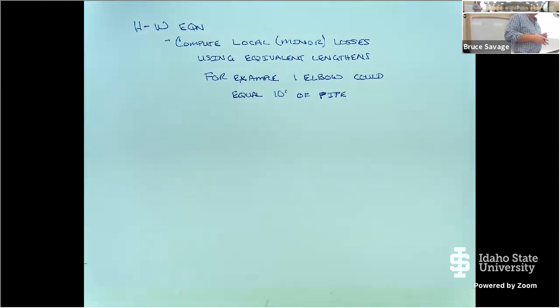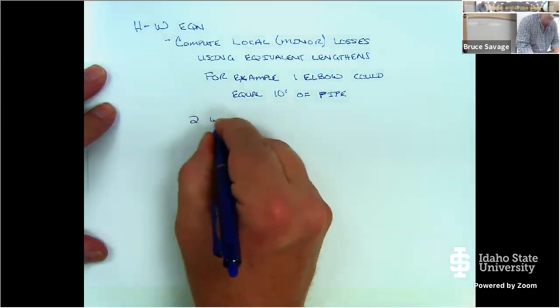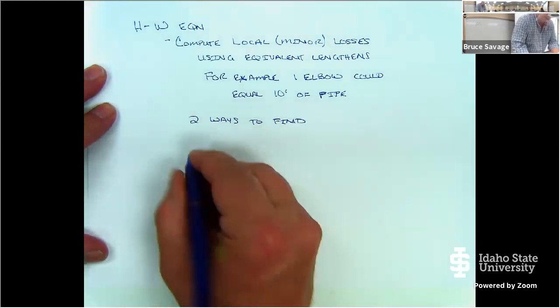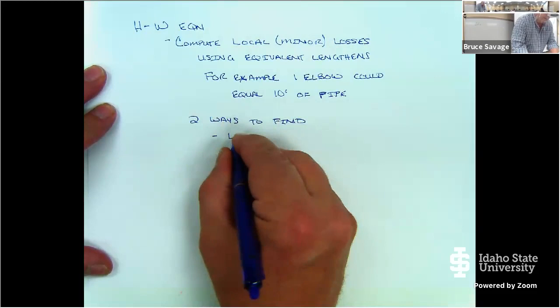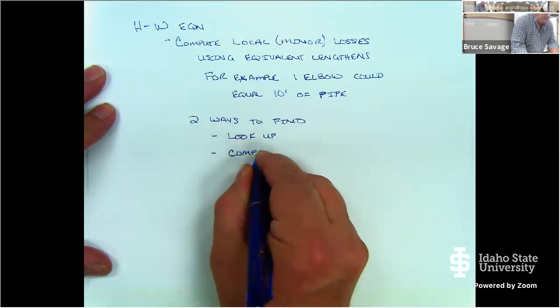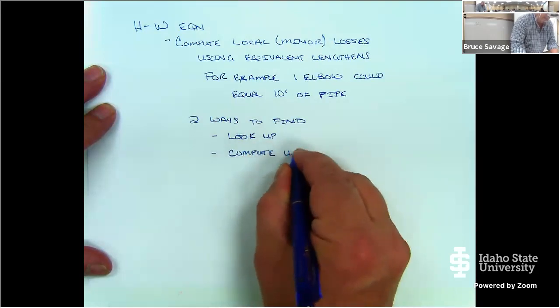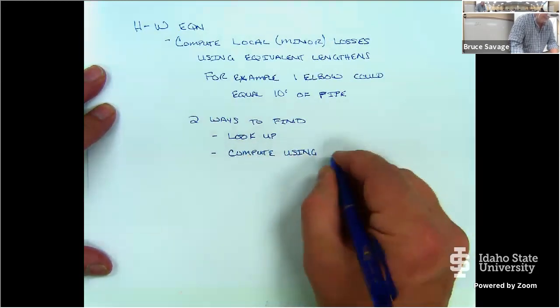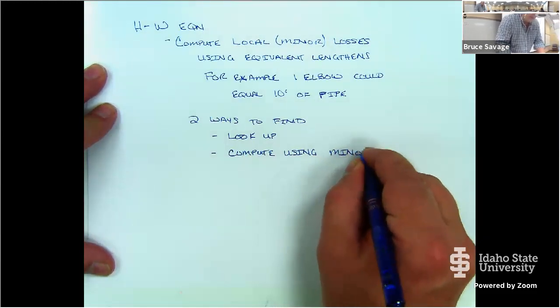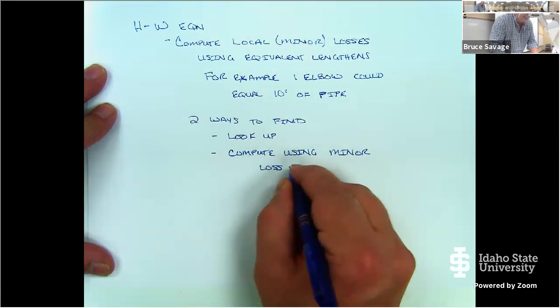Is there a table that would say what those elbows are? Yes. So there are 2 ways of calculating it. One is to look it up. The second one is to compute it using the minor loss equation.